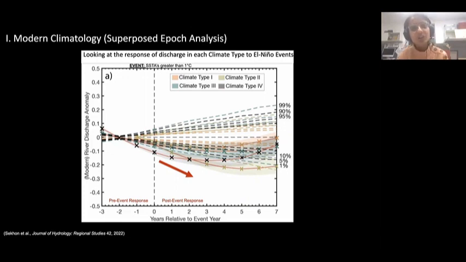We talk about that in the discussion of the paper, most likely highlighting that there is a compounding of effects. If there's a high pressure system sitting above the Philippines that decreases the rainfall amount, that just gets compounded. Low rainfall leads to a decrease in the river discharge, and it takes a while for the river discharge to come back up to the pre-El Nino event mean state.